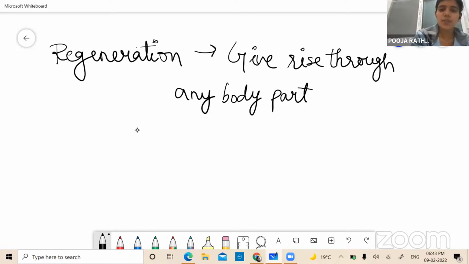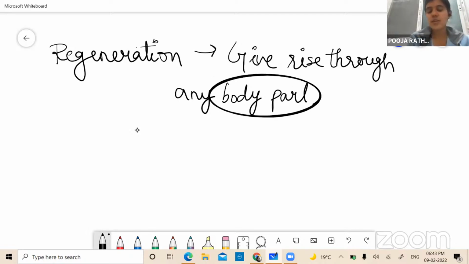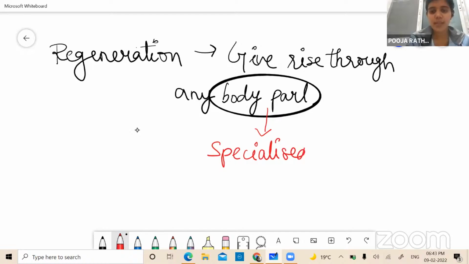The body part through which a new daughter cell is given rise to has specialized cells which could proliferate. What do you mean by proliferate?